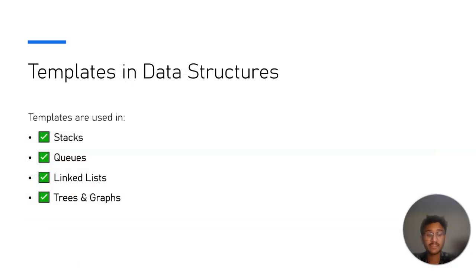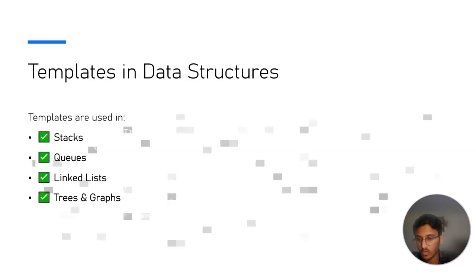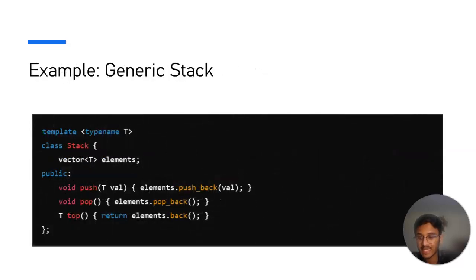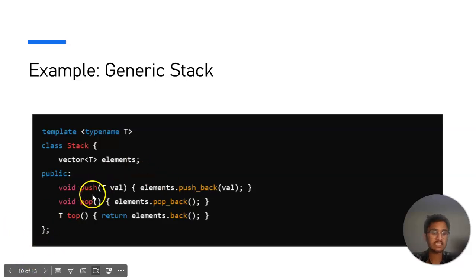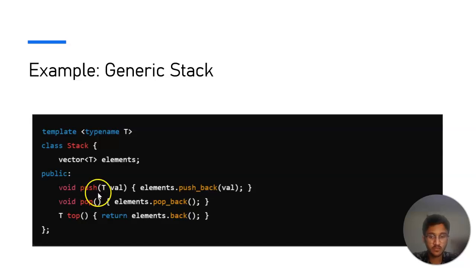Now, templates and data structures. Templates are very widely used in data structures like stacks, queues, linked lists, and trees. Here's a simple example of a generic stack implemented using a template. As you can see, the basic stack functions, which we will come across in future videos, are push and pop.